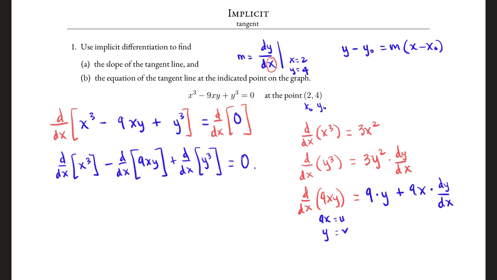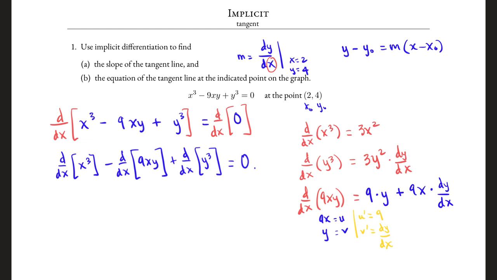Keep in mind that we're using the product rule here. 9x equals u, so u prime is 9. y equals v, so v prime is y prime, but remember y prime is dy/dx. Using the product rule, the derivative is u prime times v plus u times v prime.